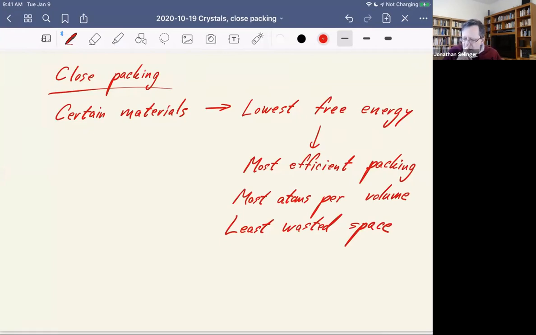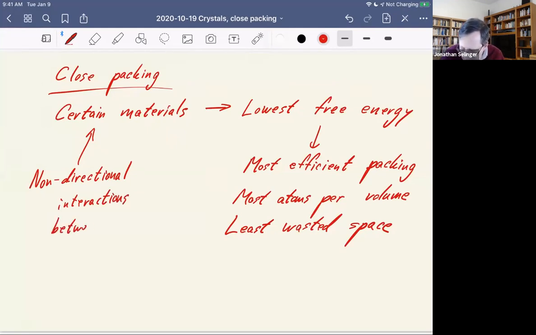So this would be true, especially if there are materials that have non-directional interactions between the atoms. So if the atoms would be like hard spheres.